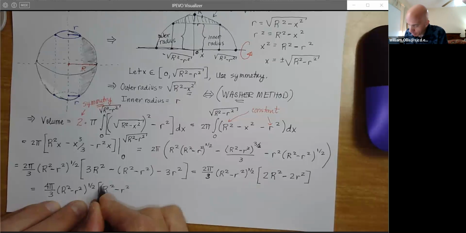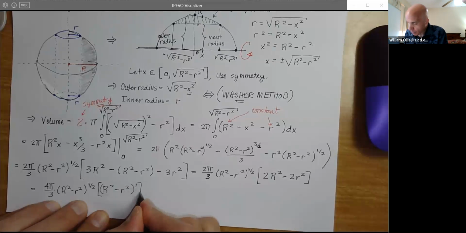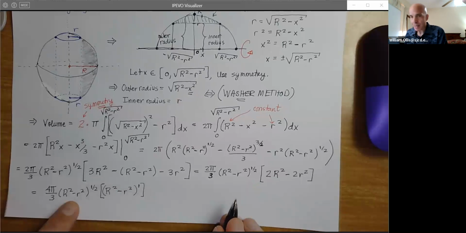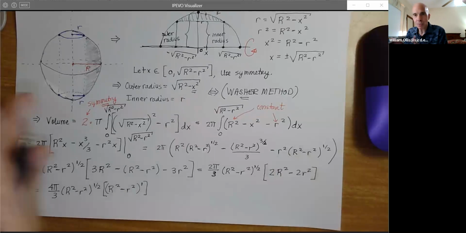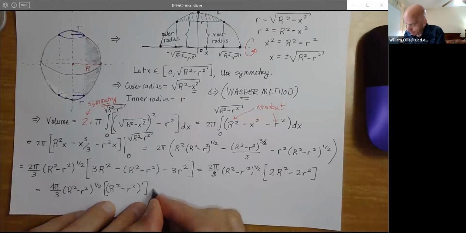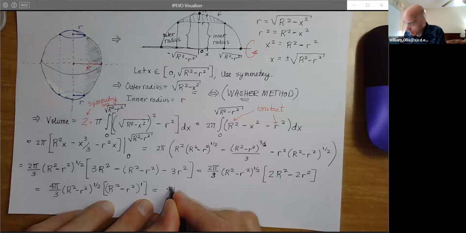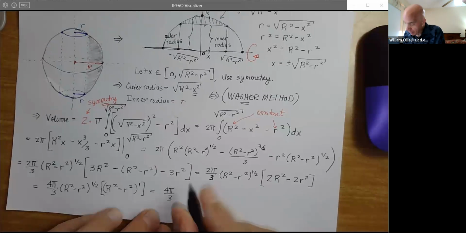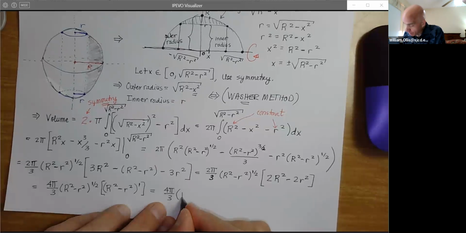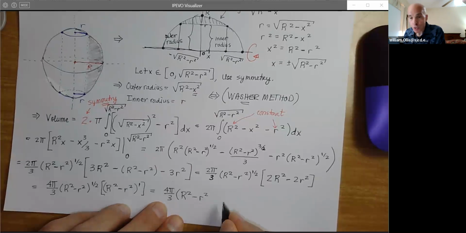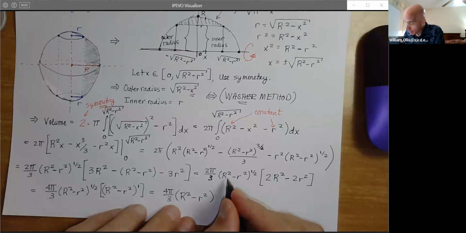So to kind of make it look real, I'll just put a 1 there. So you're thinking that's the same radicand as that, so we can put them together. So now we get 4 pi over 3, and now we have uppercase r squared minus lowercase r squared. 1 plus 1/2 gives us a 3/2.